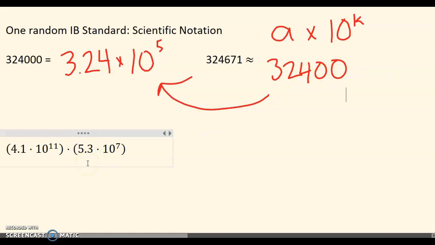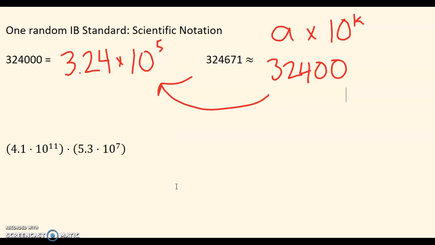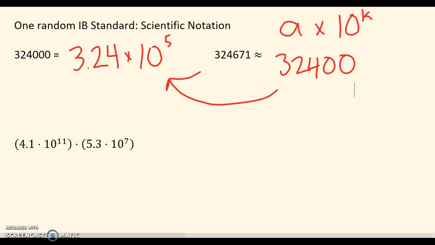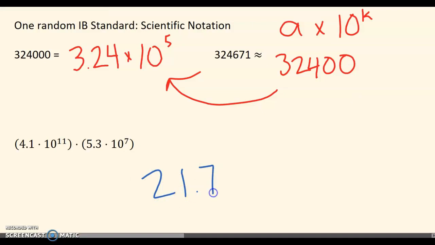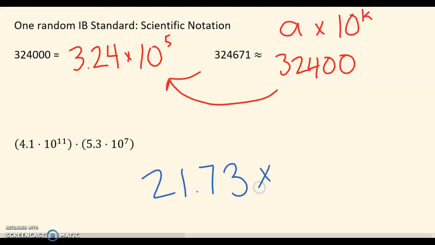All right, so one last thing to make sure you know how to multiply in this form. So what you would do is you would do 4.1 times 5.3 and get 21.73. And then you would just multiply the tens, 10 to the 18th.